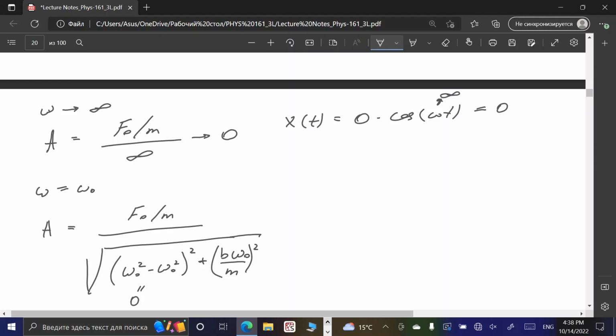So usually we have two terms which contribute to the denominator of this function. Here one term is equal to 0, which means that we end up with the condition when we have the maximum, because the smallest denominator means the maximum value for our amplitude.